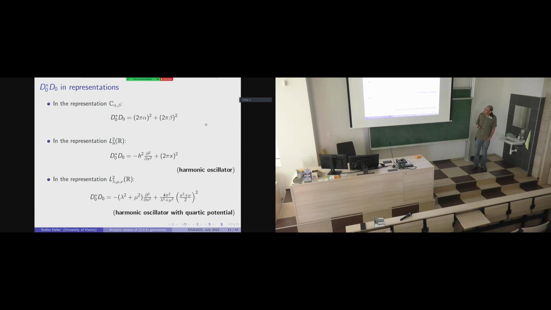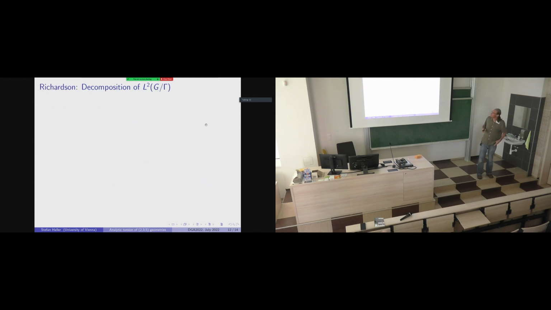What we're going to do now is decompose the space of sections of our flat bundle over the nil manifold, which is a module under the G action, into irreducible components. Richardson worked out exactly which representations appear and with what multiplicity.